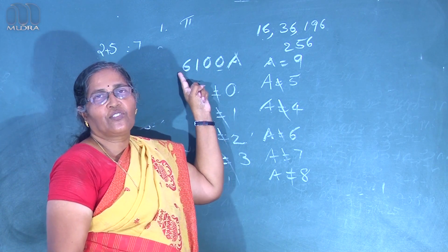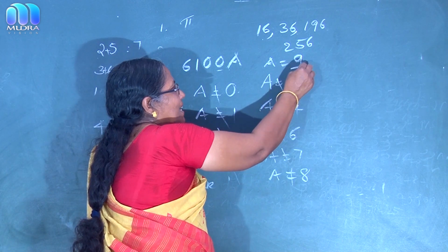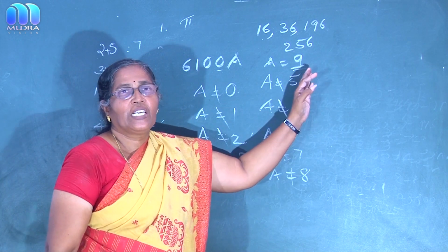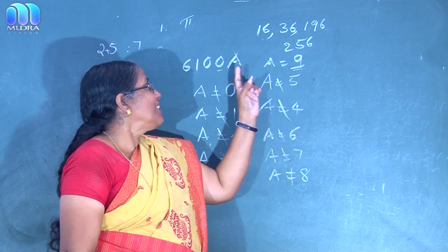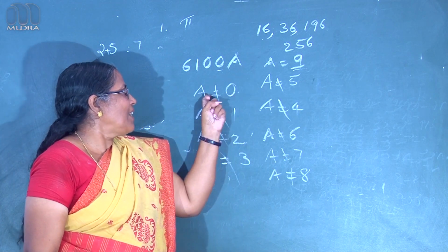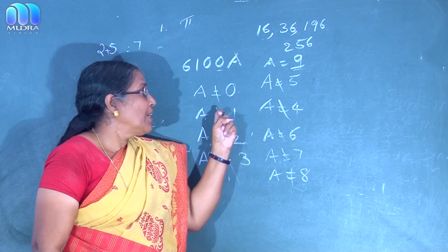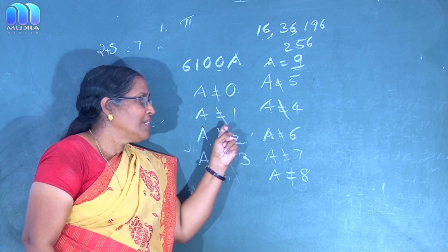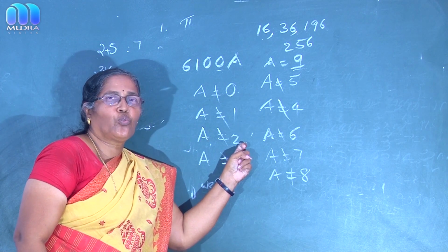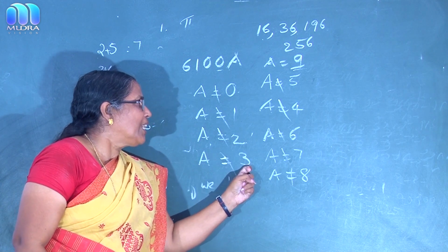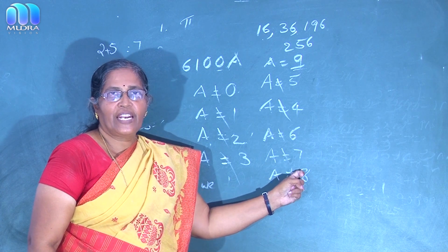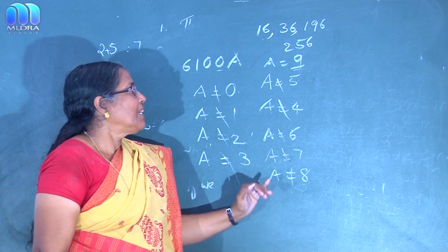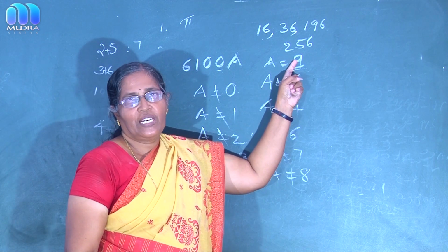Then 1 plus 6 is equal to 7. 9 is also a digit ending in a square number. So, we can find in this number A is not equal to 0, 1, 2, 3, 4, 5, 6, 7 and 8, and we can find that A is equal to 9.